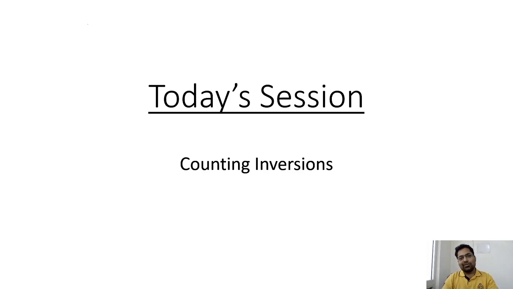In this video we are going to discuss counting inversions. Basically, counting inversion is what the name suggests. If you have an unsorted array, the numbers are not sorted. Sorted doesn't mean that it should always be ascending or always descending order. Any order is fine, but it should be a sorted order.